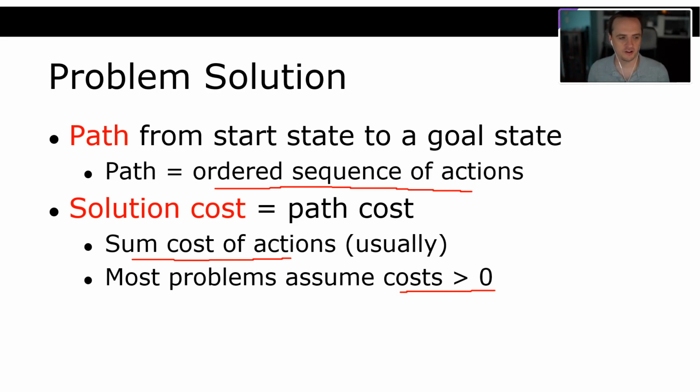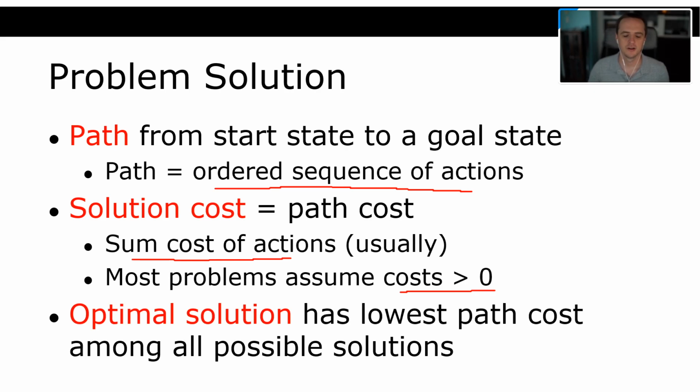And if the costs are 0 or negative, then you'd be able to repeat those actions at 0 or negative cost, and that doesn't really make any sense. So most problems assume that costs are greater than 0, and all of the problems in our course will make that assumption as well. All right, and that means that the optimal solution is going to have the lowest path cost among all possible solutions.